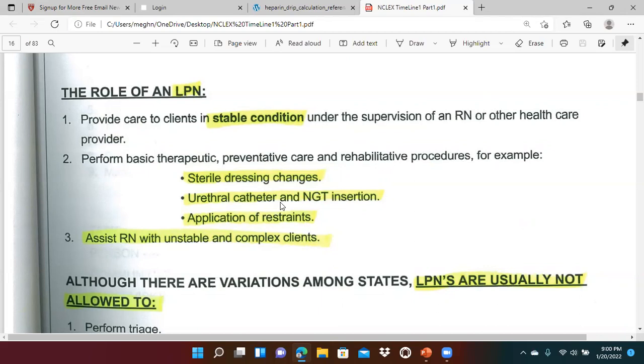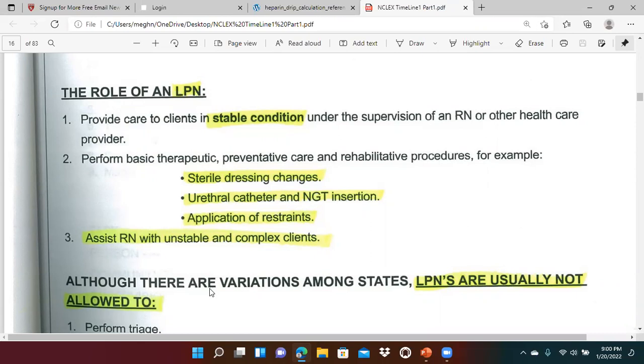For example, sterile dressing change, urethral catheter and tube insertion, application of restraint. Also, assist the RN with unstable and complex clients.